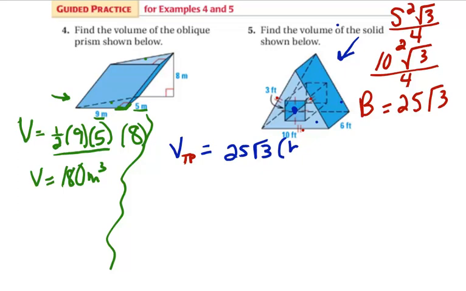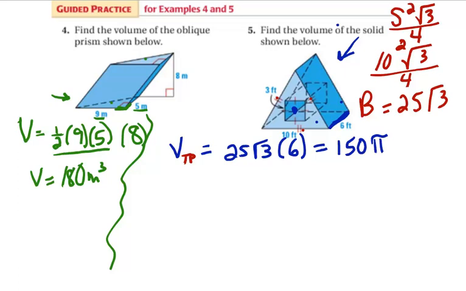And remember that your height is the distance between your two parallel bases. That is your height. So when I do 25 square roots of 3 times 6, this will give me 150 pi. Okay. So that's the volume of the triangular prism.